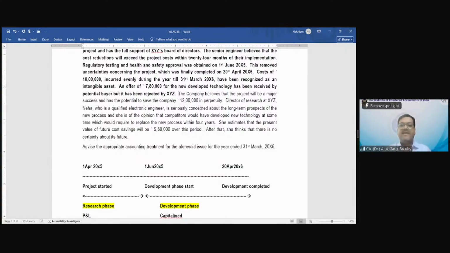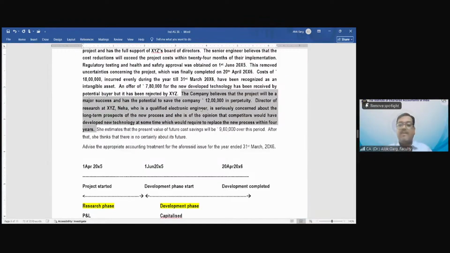The company believes that the project will be a major success and has the potential to save money of rupees 12 lakh in perpetuity. Neha, Director of Research at XYZ, a qualified electronic engineer, is seriously concerned about the long-term prospect of the new process. She is of the opinion that competitors would have developed new technology at the same time, which would require replacing the new process within 4 years. She estimated that the present value of the future cost saving will be 9,60,000 over this period. After that, she thinks there is no uncertainty about its future.